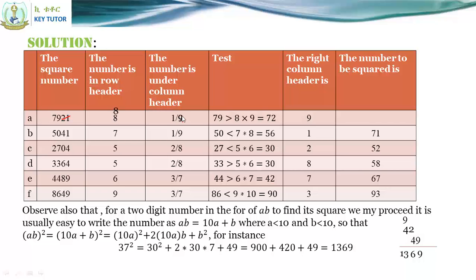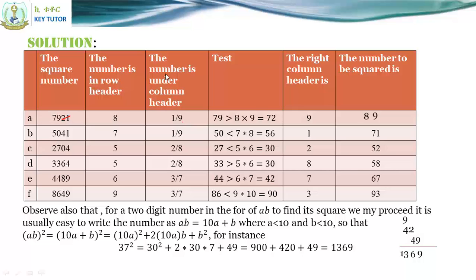So first you take 8 for the row, next you take 9 for the column, which means 7,921 is 89 squared. So the number to be squared is 89.